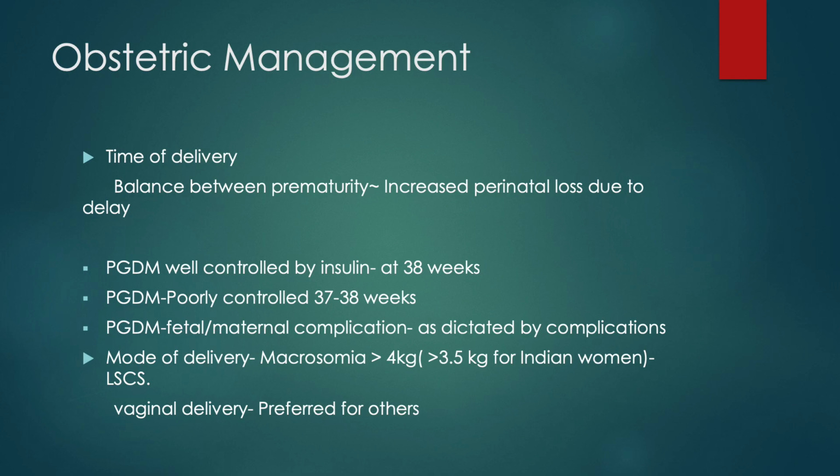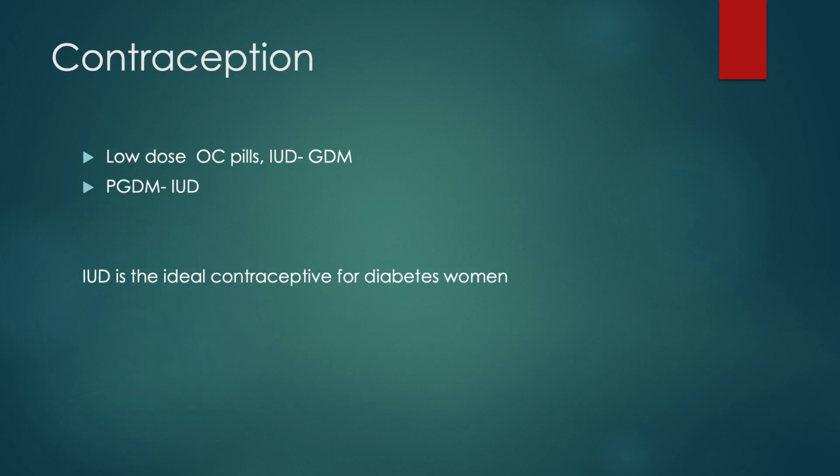And regarding the mode of delivery, the only indications for CS are obstetric indication and macrosomia of more than 4 kg. In Indian women, shoulder dystocia may occur even with a fetal weight of greater than 3.5 kg. In all others, vaginal delivery is preferred. Regarding intrapartum management, it's essentially the same as for patients with GDM.